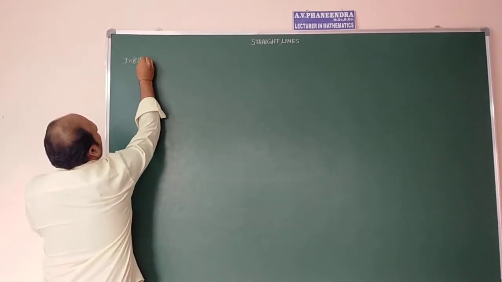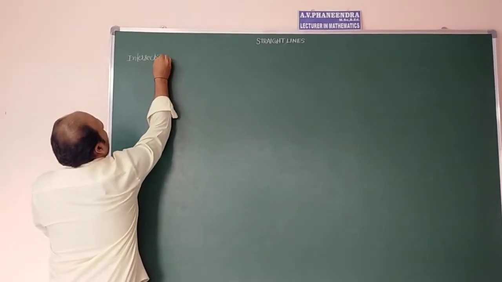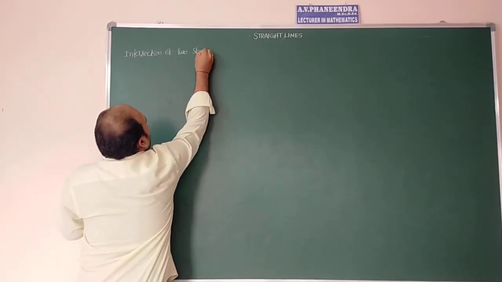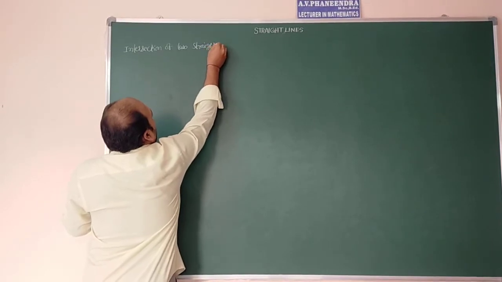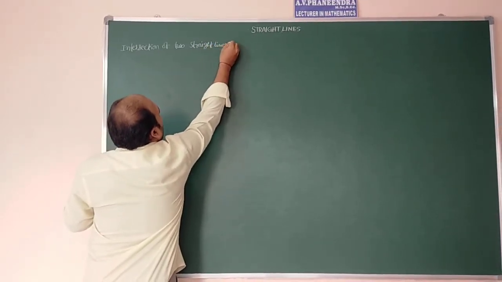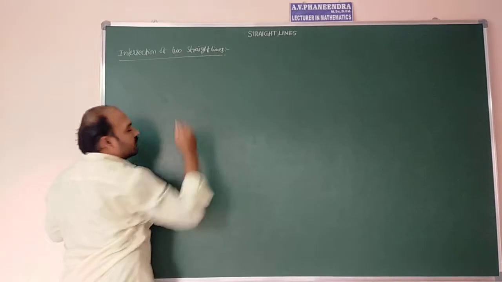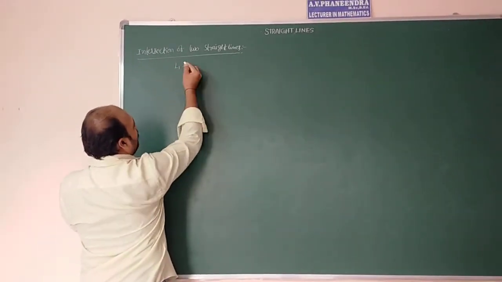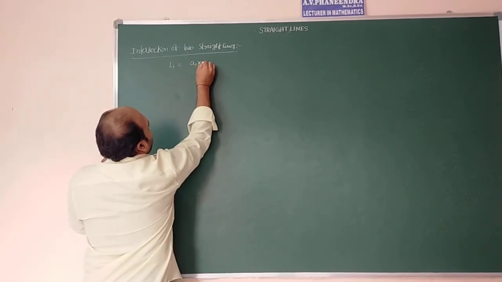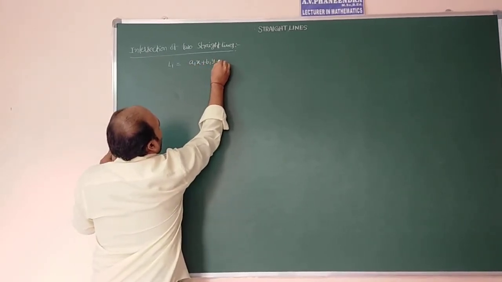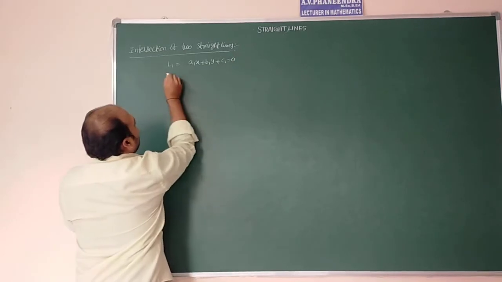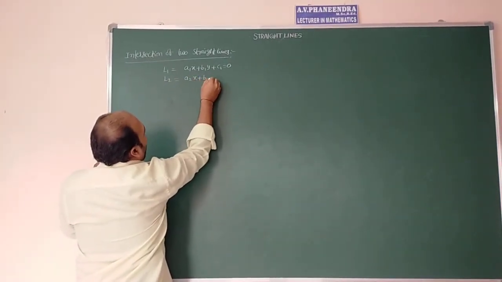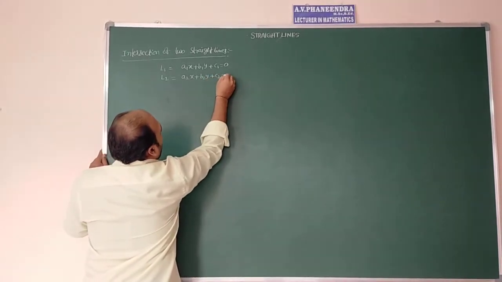Intersection of two straight lines. Consider two lines L1 equal to A1x plus B1y plus C1 equal to 0 and L2 equal to A2x plus B2y plus C2 equal to 0.